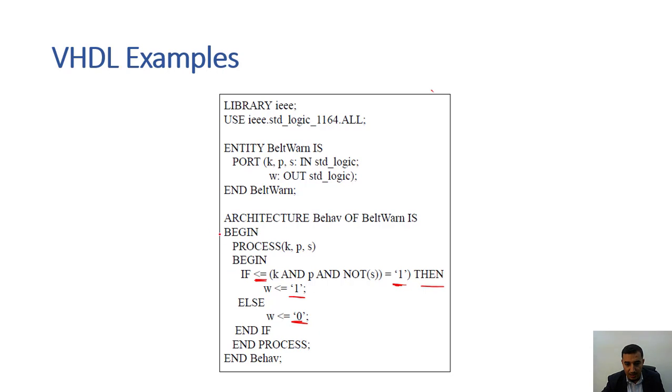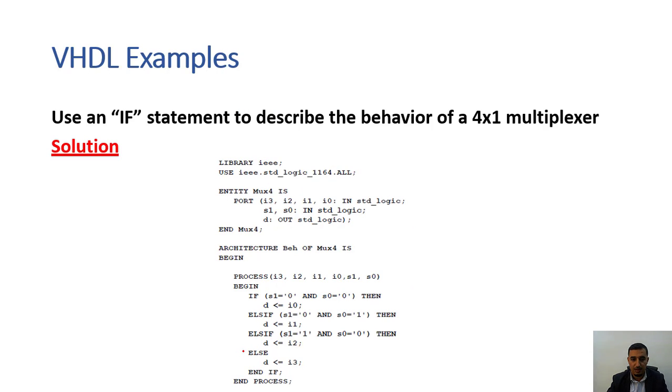Remember, an entity ends with an end entity, an architecture begin ends with an end behavior, a process ends with an end process, an if ends with an end if. Everything you start, you need an end statement for it.